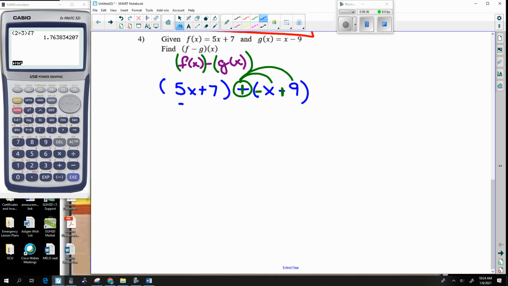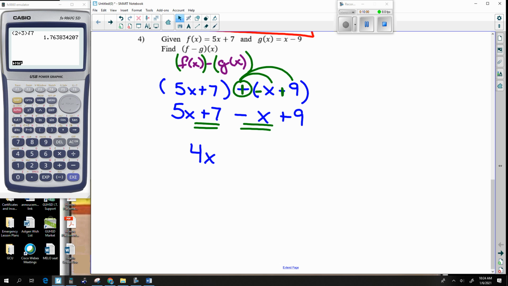So upon the rewrite, this is 5x plus 7 minus x plus 9. So all of those symbols had to change. But after I do that, we're all good. So x's go with x's, so this is 5 minus 1. And then normal numbers with normal numbers. 7 plus 9 is 16, and booyakasha.